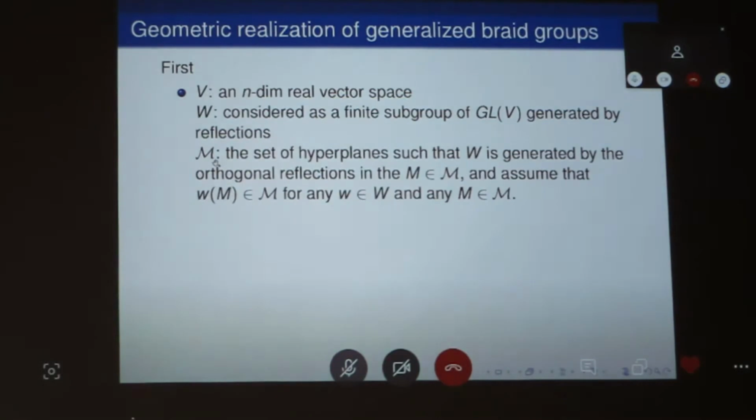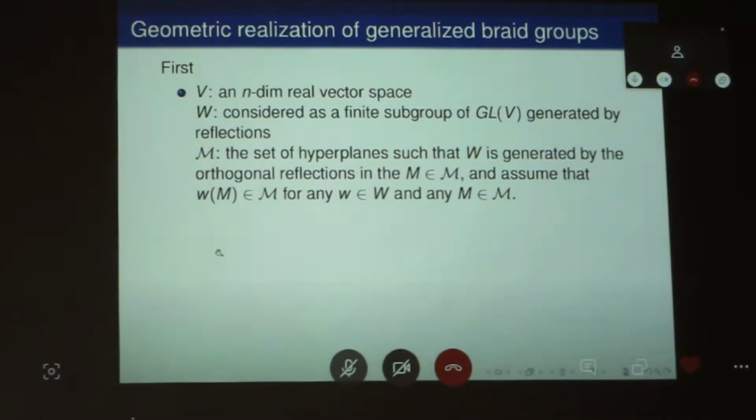Then we consider the set of hyperplanes such that this finite subgroup is generated by the reflections in each hyperplane. We also need this assumption: for an arbitrary reflection and arbitrary hyperplane, the image is still in this set.